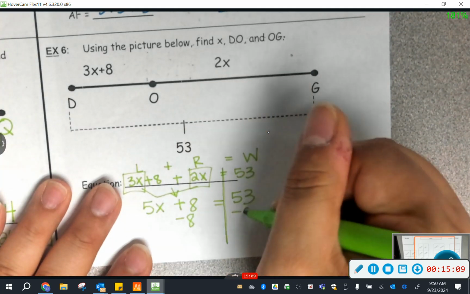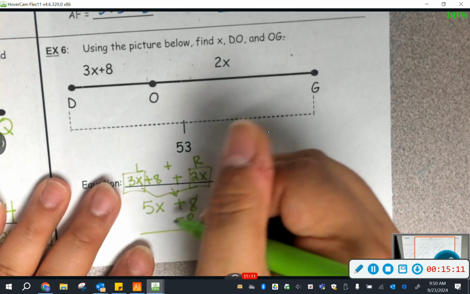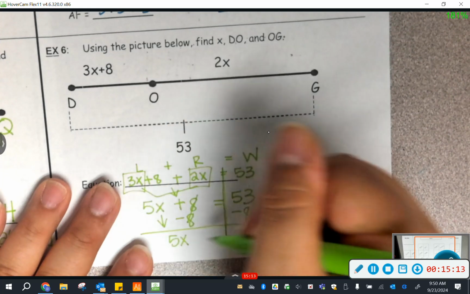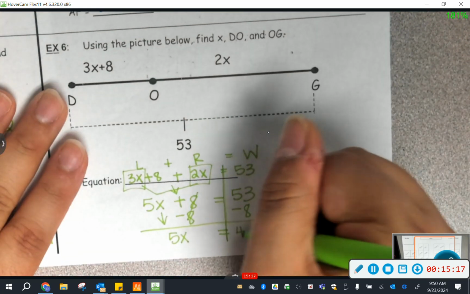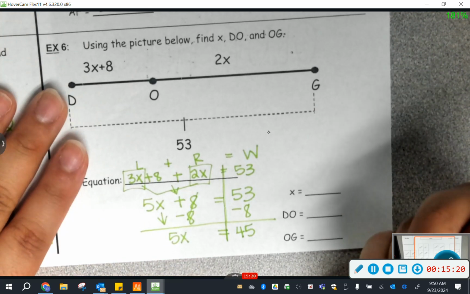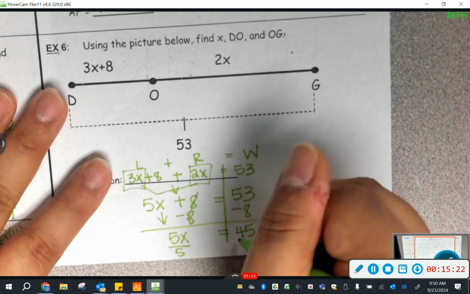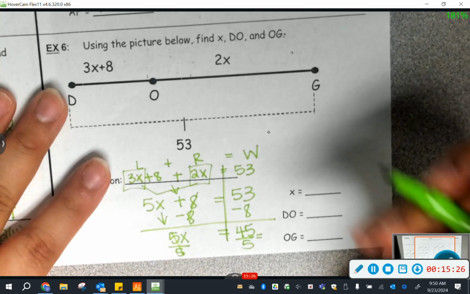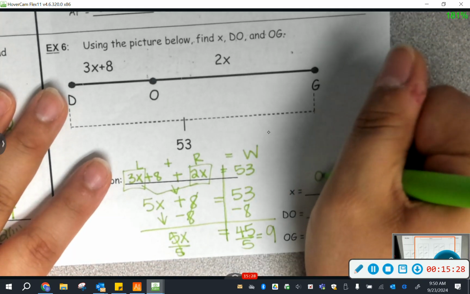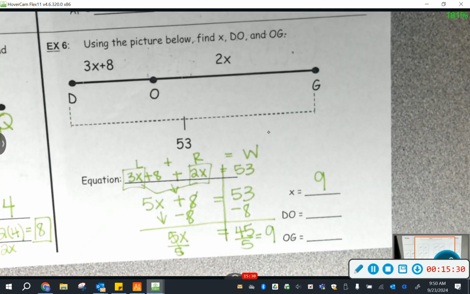Get rid of my side chick. What's 53 minus 8? 45? Great. And then divide. 45 divided by 5 is 9. X equals 9.